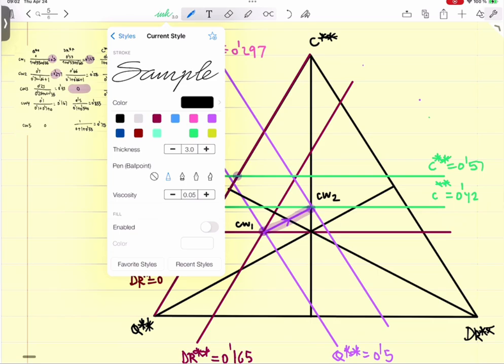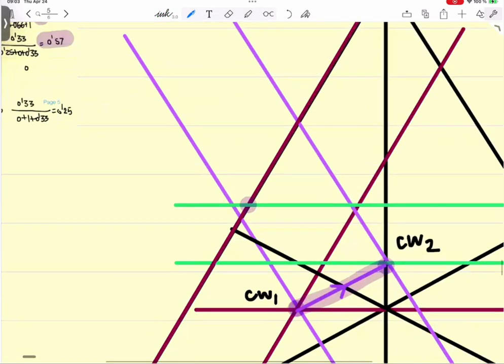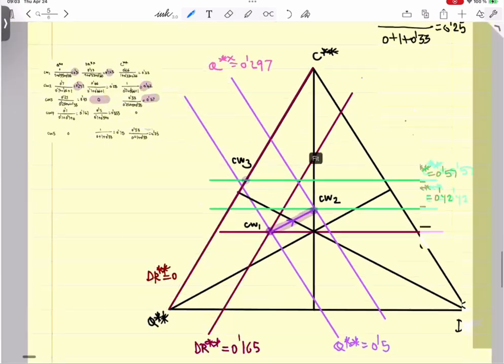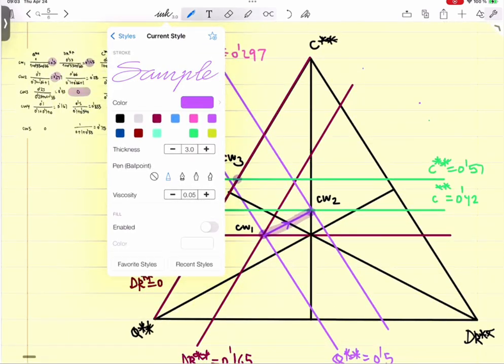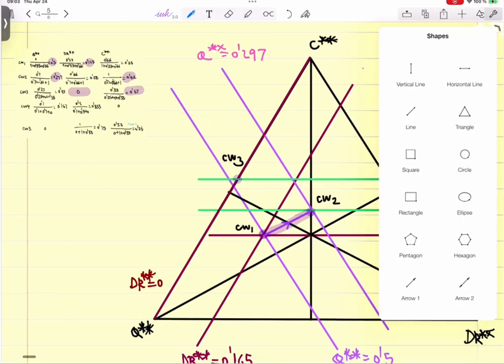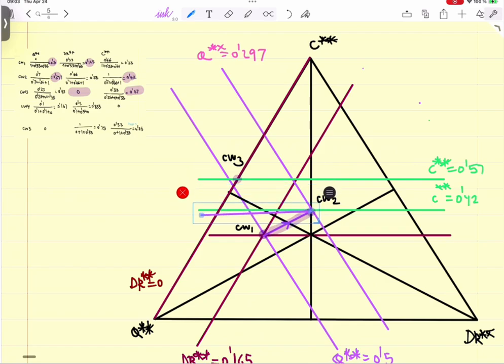So this is our calendar week 3. We represent the dynamic by a little arrow. And this is the way the organization is moving.